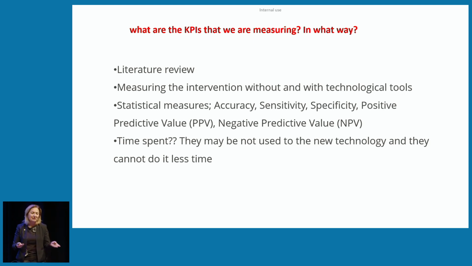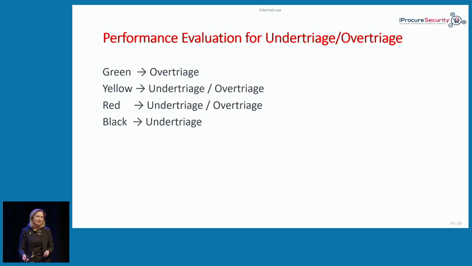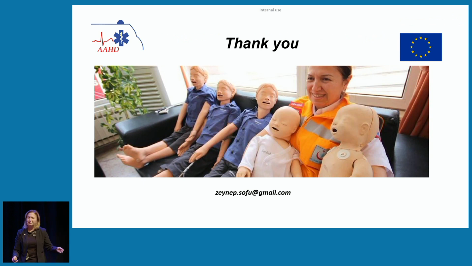But the literature says not exactly the same, because EMS people are not yet used to these triage things, for example. So afterwards, it will be less time. And we will look for the evaluation of under-triage and over-triage. And that's all from me.